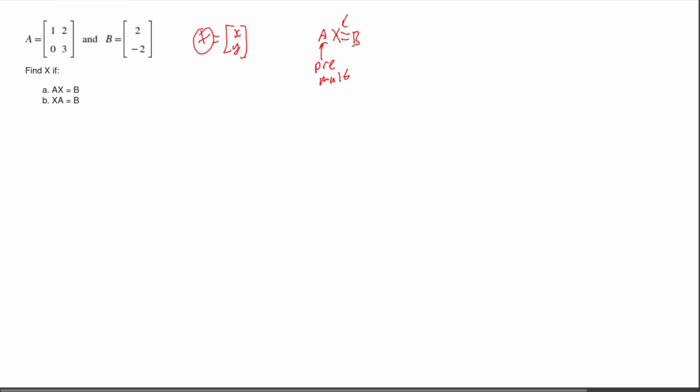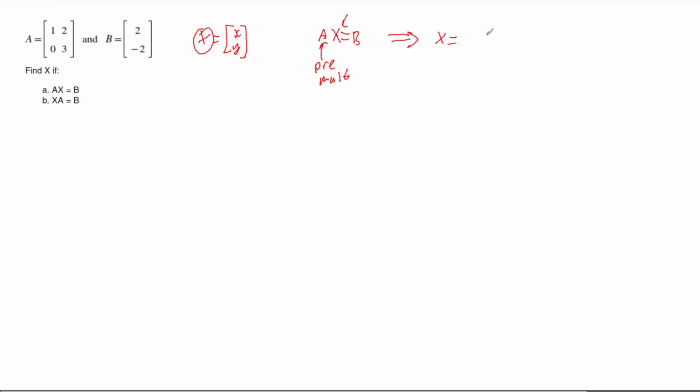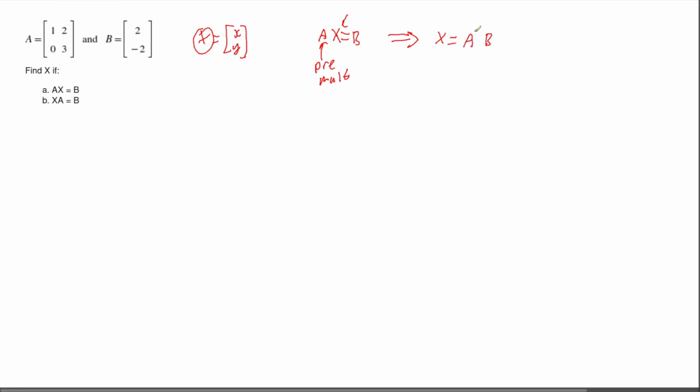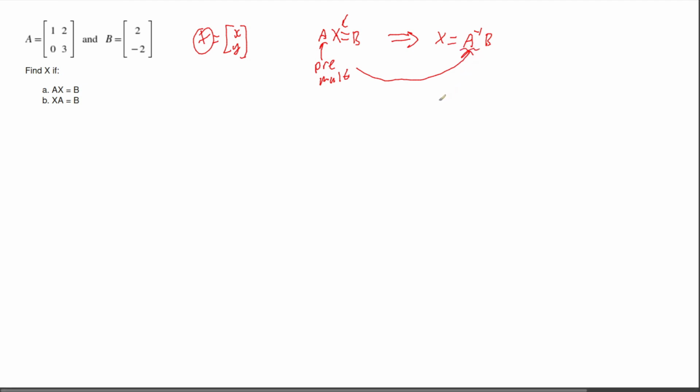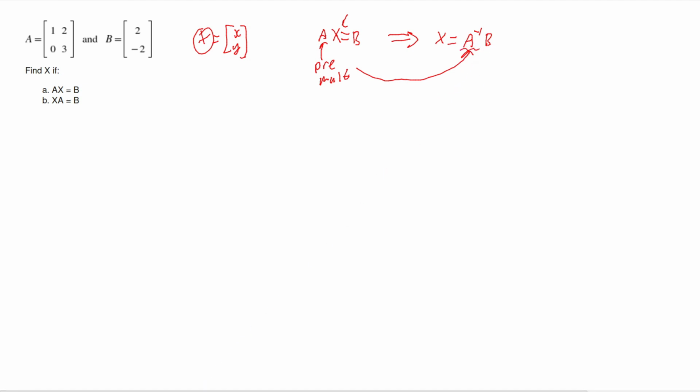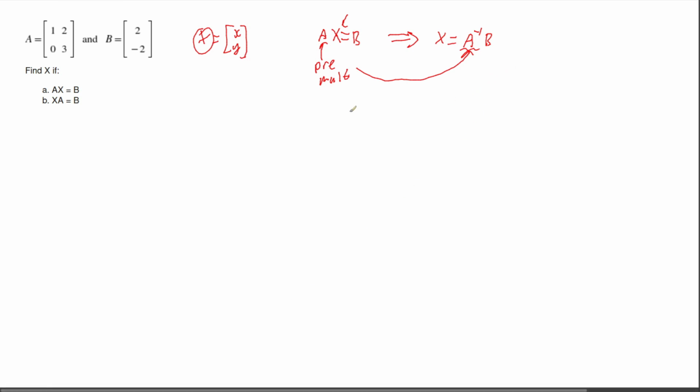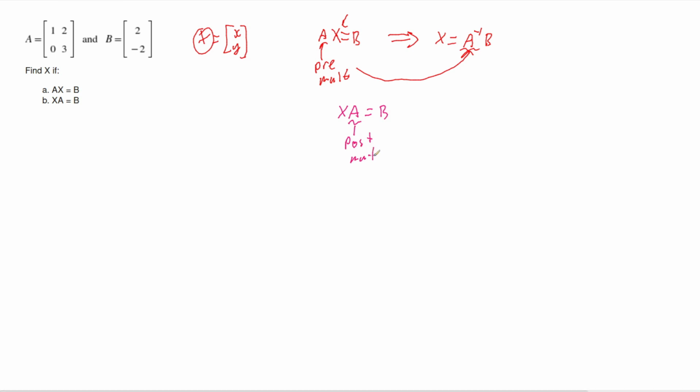If my matrix A is pre-multiplying my unknown matrix X, then to solve for X, B has to be pre-multiplied by the inverse of A. The flip side is the other one, where I've got X times A equals B, so the A is after it, so it's post-multiplying.